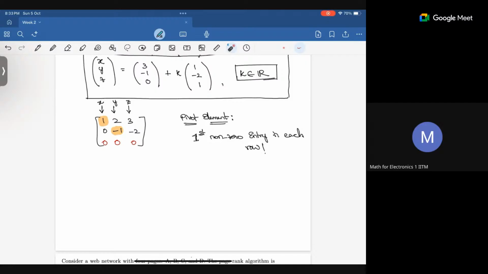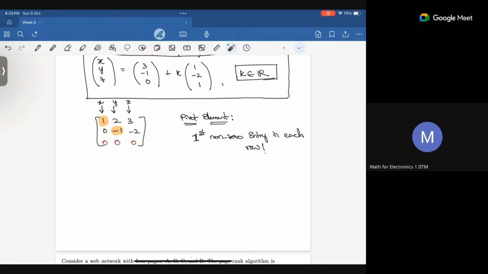So you try to make some entries 0, and that too from the bottom. You make entries 0 and make zeros as much as possible. That's row echelon form, right? So after you write the row echelon form, then you identify the pivot elements. Pivot elements are the first non-zero entries of each row.